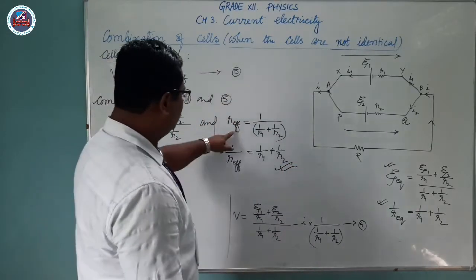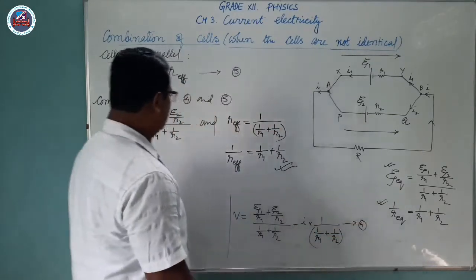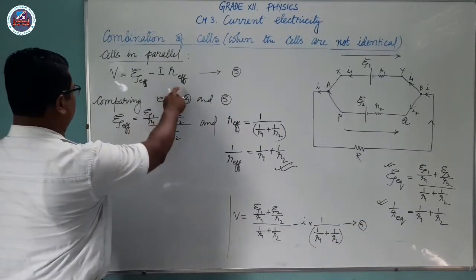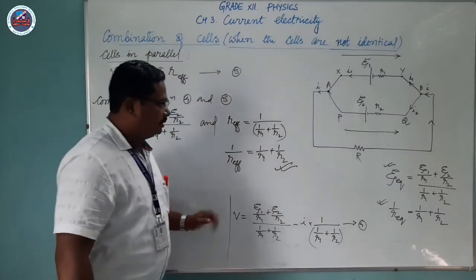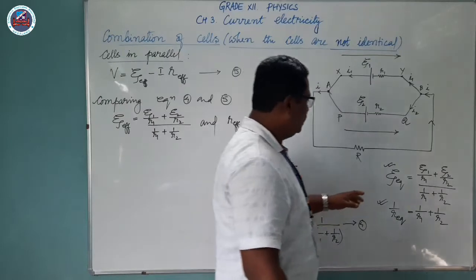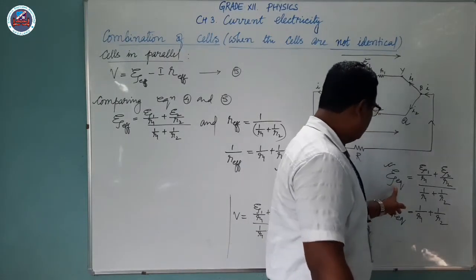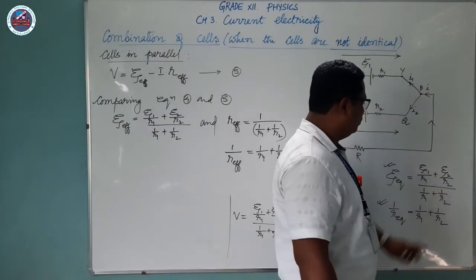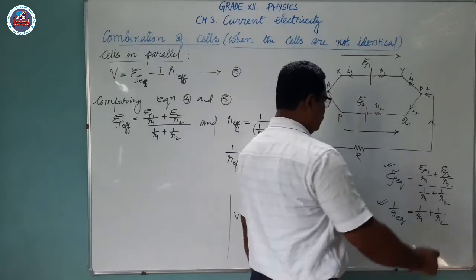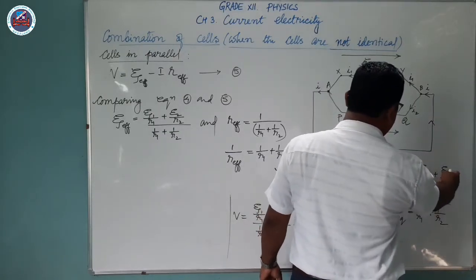Now this effective you can write, or you can write it as equivalent. It's up to you. Meaning is the same. Now here also the same story. In this case, equivalent EMF, here it can be plus or it can be minus, depending upon whether the EMF E1 is bigger or E2 is bigger.